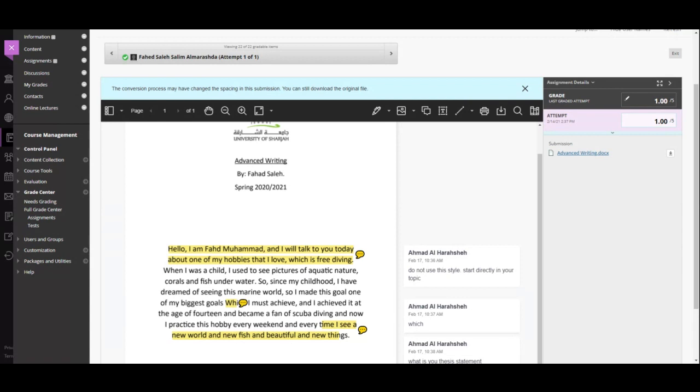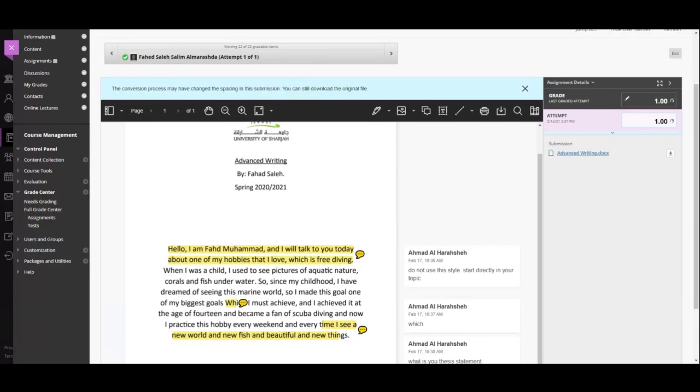Now, Fahad, what kind of hook did you use in your introduction? What type of hooks did you use? Can you tell me? If you remember, last time we talked about five types of hooks. Also, we talked about an additional one, which can be considered the sixth one.